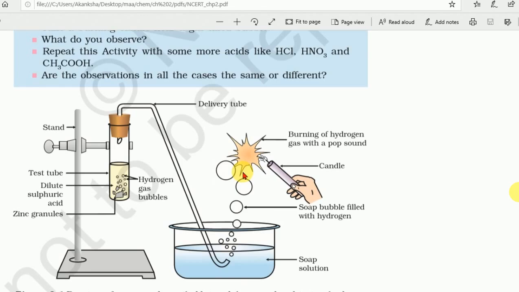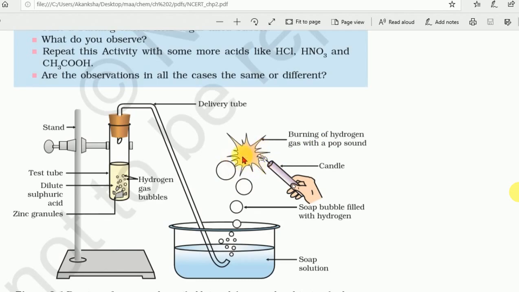Children, remember, there is always a distinguished characteristic or a test for the gas evolved in a chemical reaction. Here the gas evolved was hydrogen gas. So hydrogen gas can be checked by bringing a burning matchstick near it. I would like to tell you here that this is a physical test.